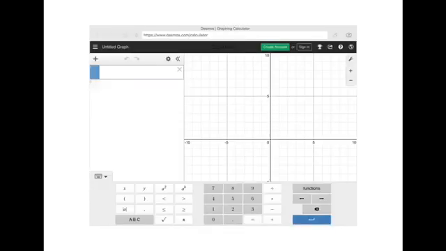So let's take a look at another one, one that we've already done. So we want to go back to Desmos. We want to type in number 1. So what we're looking at is 12 times 14 equals -24y.